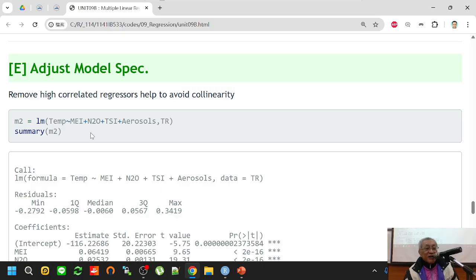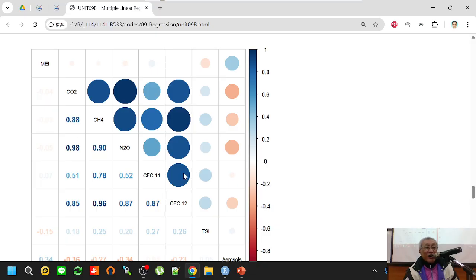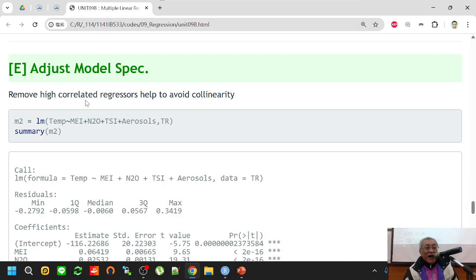Then in R, it's actually quite easy to do that, right? We can simply build a model. We can actually look at this correlation table, right? And manually remove the highly correlated regressor, the highly correlated X, to help avoid collinearity, right?